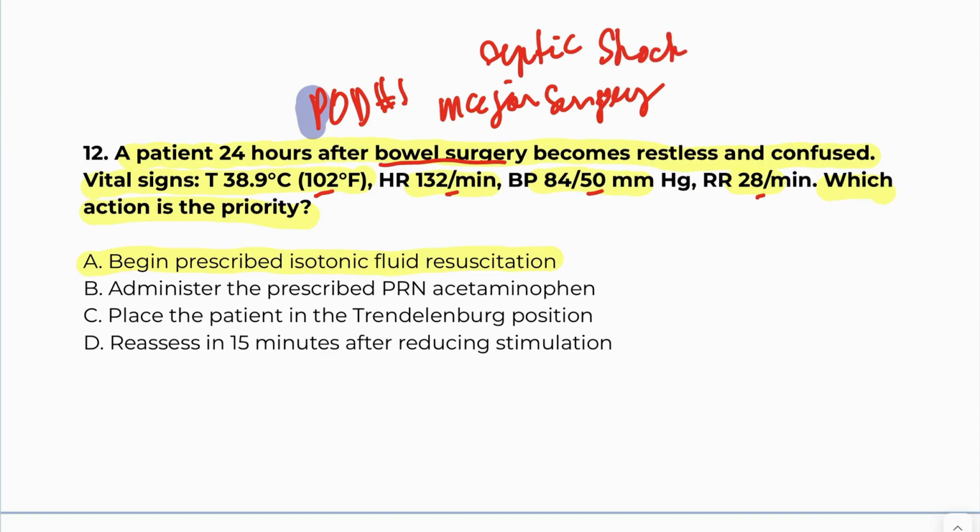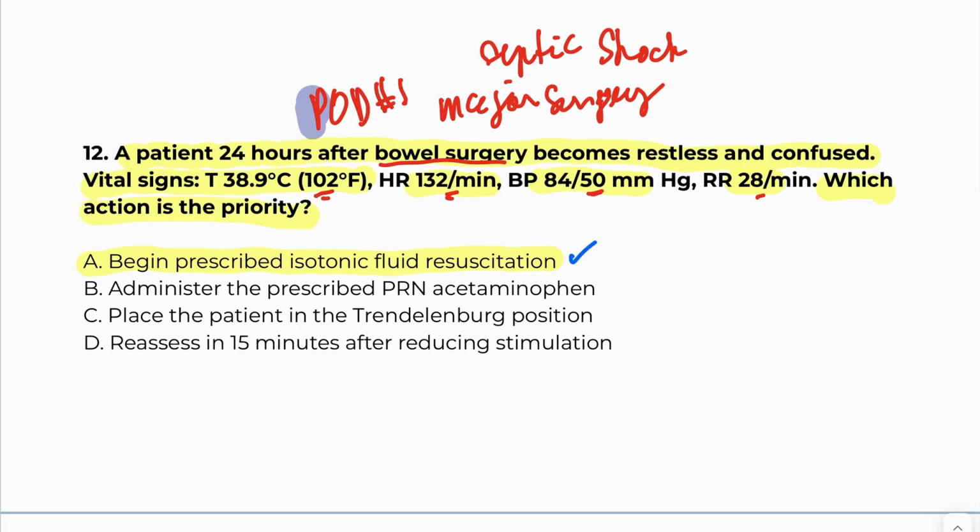The patient already has a fever, the heart rate is really high, and with that high heart rate there is a blood pressure of 84/50 and a respiratory rate of 28. The patient is decompensating, and because it's a bowel surgery, the risk of septic shock is really there. In terms of sepsis, the first thing you need to do is provide fluid resuscitation. That's the reason letter A is the correct answer.